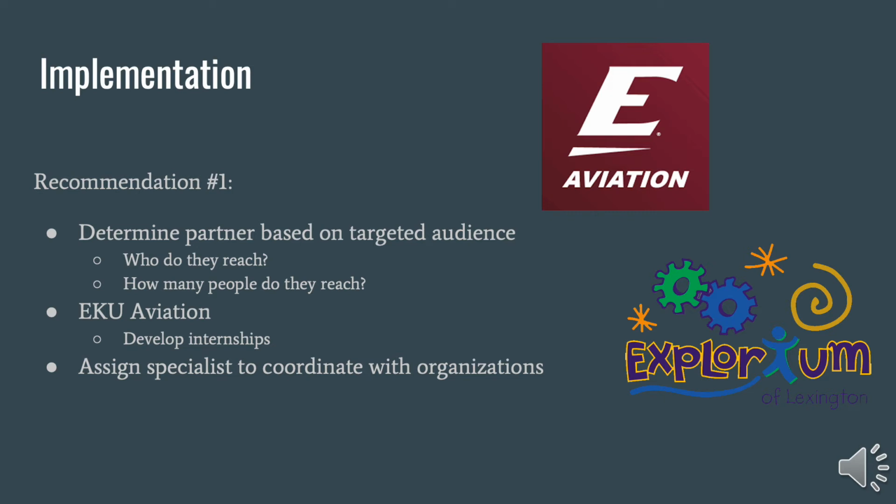This is going to be very important in trying to decide the best organization to collaborate with, to reach the target audience that we are trying to get more involved in our museum.